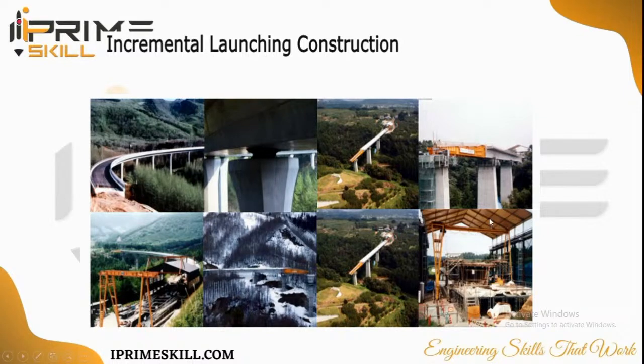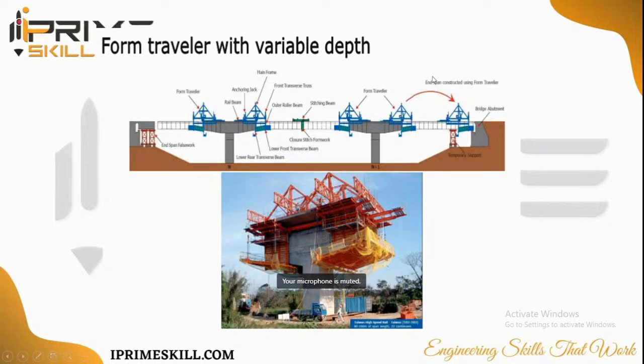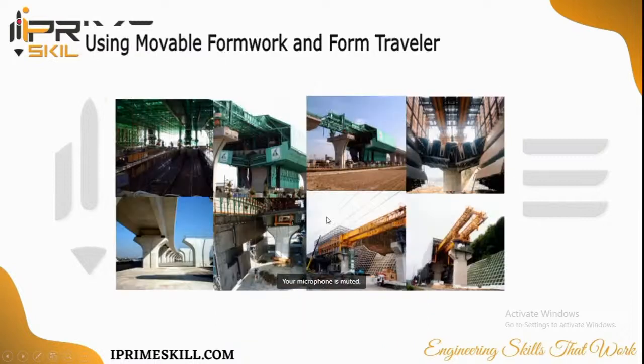In that way, it will increment. This is a launching project. Increment by increment, they started creating. You could have seen when you go through, the crane is brought and they will start fixing. This is again an incremental launching project. So again, there are lots and lots of construction methods available.